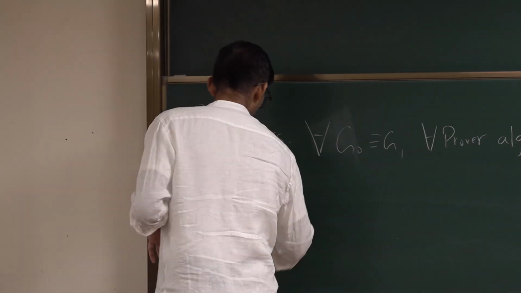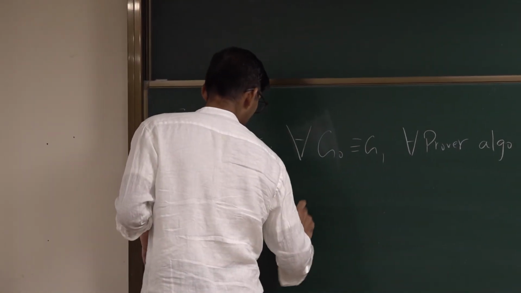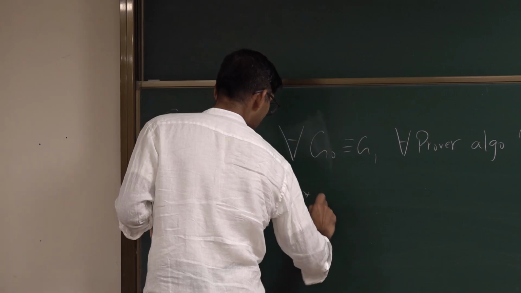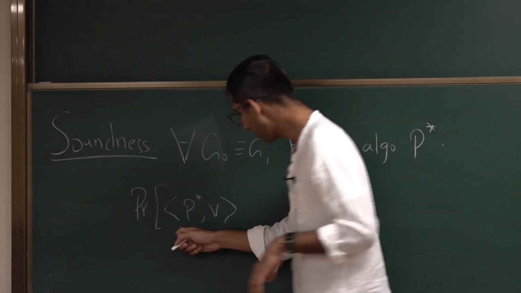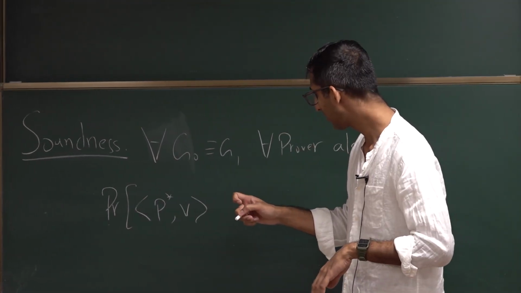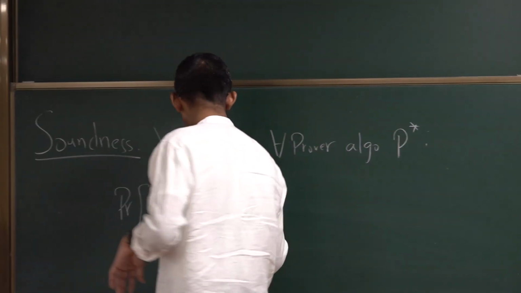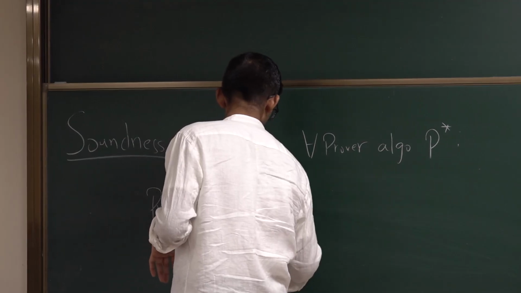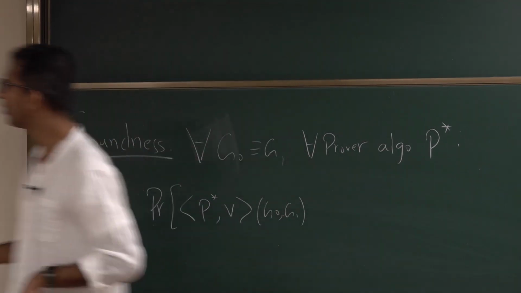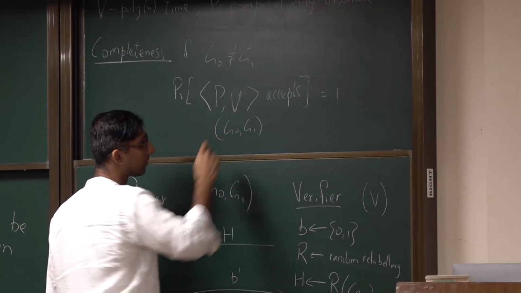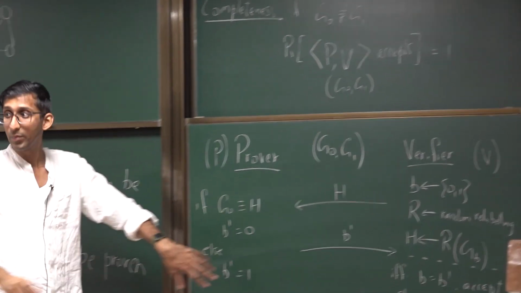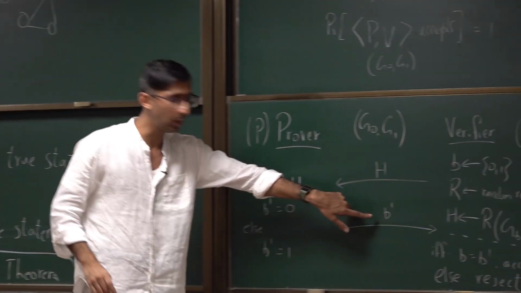I want to say that the probability that P star comma V. Let me actually introduce a bit more notation. I'm describing the interaction of these two algorithms, and I'm going to write the inputs to the protocol as well. It need not follow this algorithm, but it has to send a bit in response.